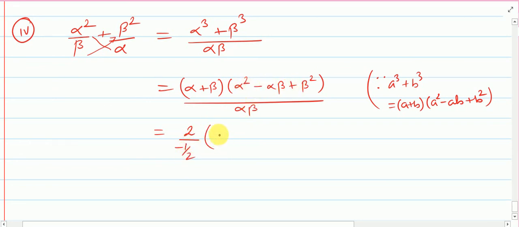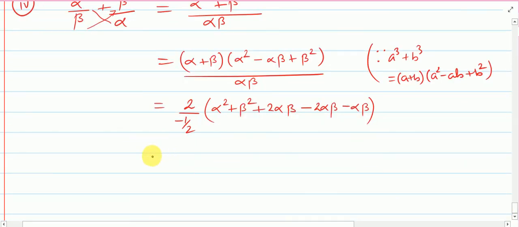Here in this numerator we have alpha square plus beta square and minus alpha beta, so I can add 2 alpha beta and subtract 2 alpha beta. Now this becomes minus 4 times, and alpha square plus beta square plus 2 alpha beta becomes alpha plus beta whole square, and minus 2 alpha beta minus alpha beta is minus 3 alpha beta.